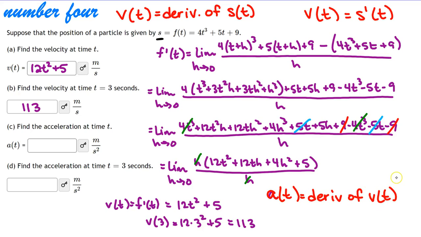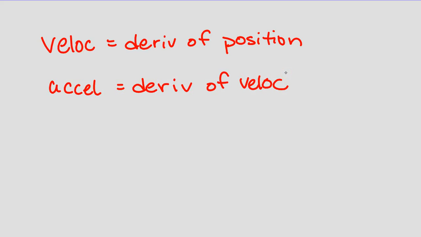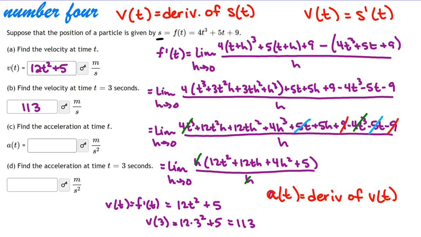This actually deserves its own slide. Remember, we had velocity is a derivative of position. Now we have acceleration is the derivative of velocity. You can take the derivative of the derivative. So let's do that.